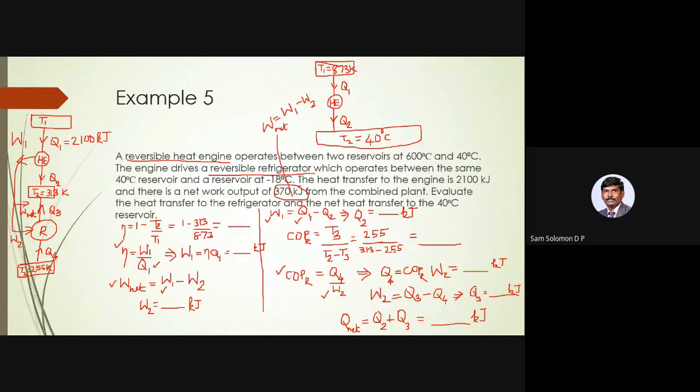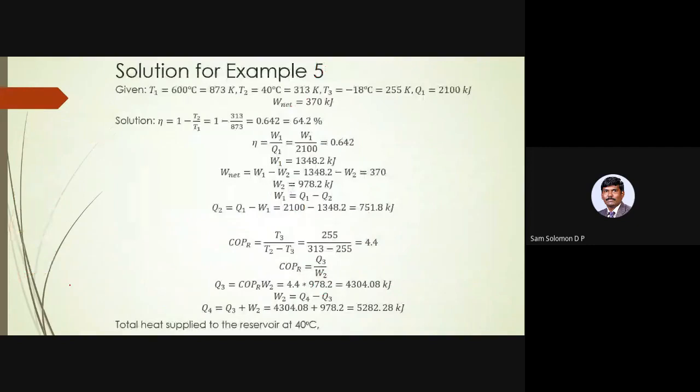Here I have taken Q3 as the heat removal, and Q4 is the heat that is being rejected to the atmosphere. I have taken that in reverse. So these two are shown the other way in the diagram. Please don't get confused. The procedure is the same. So stick to whatever we have done in the previous slide.